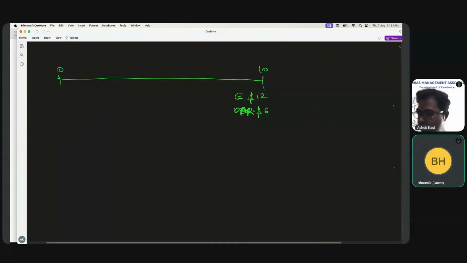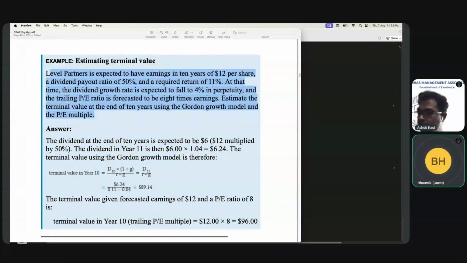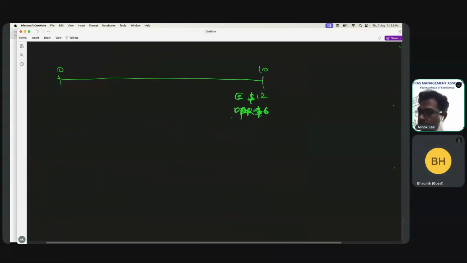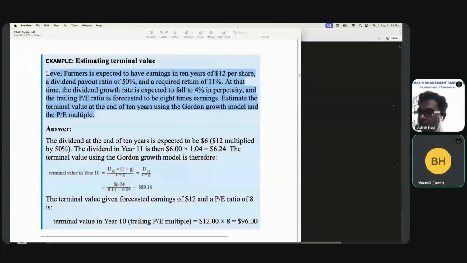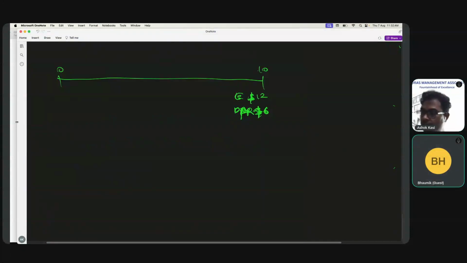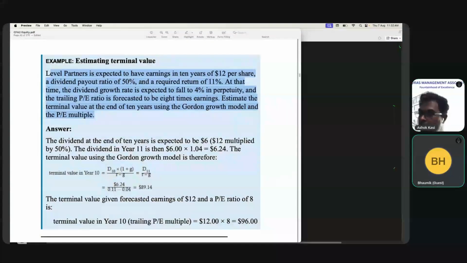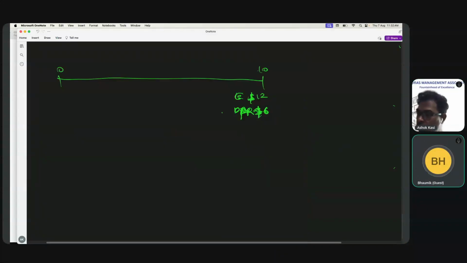Dividend will be 6. Required return is 11%.